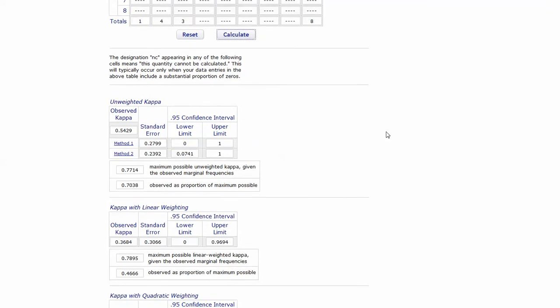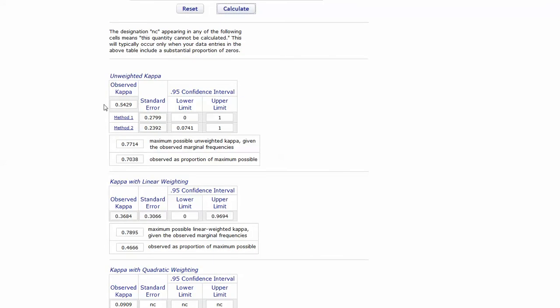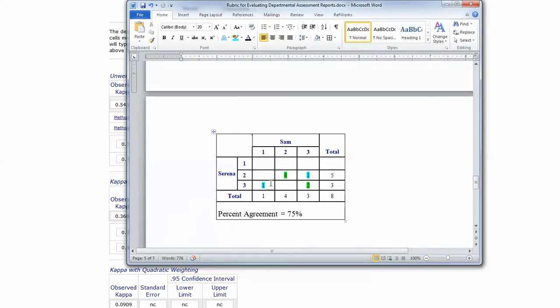And then you'll notice it calculated the totals just like what we had in our table. Then we go down here and we see we've got the unweighted Kappa first, that has it at about 0.52. And then we've got the Kappa with linear weightings. You'll notice the Kappa with linear weightings is a lot lower than the unweighted Kappa. The reason for that is this one area where we had the big disagreement, where Sam said it was a 1 and Serena said it was a 3.